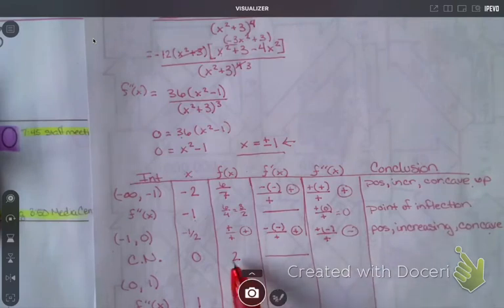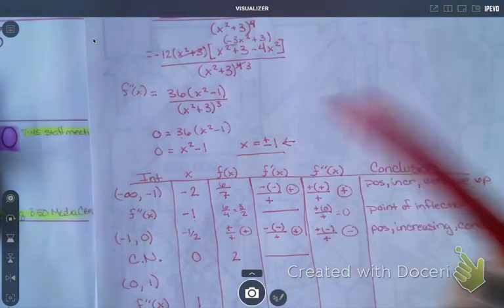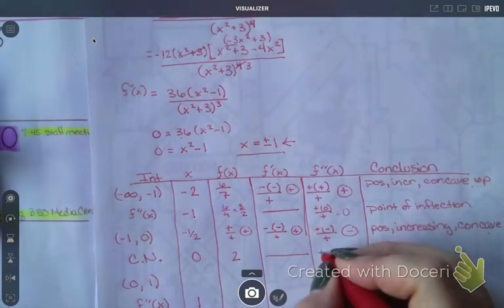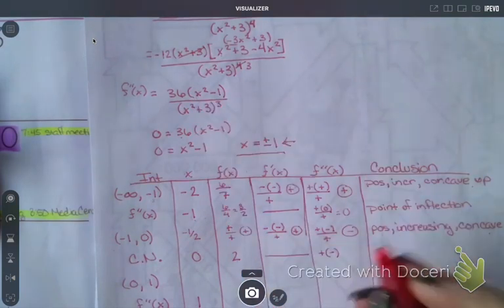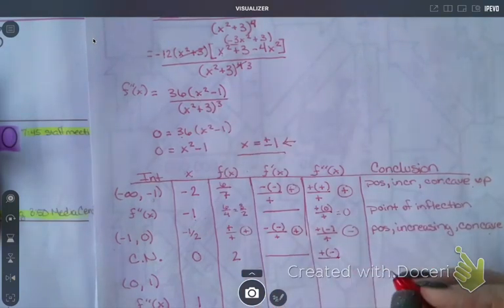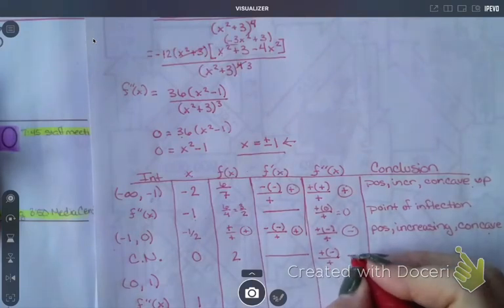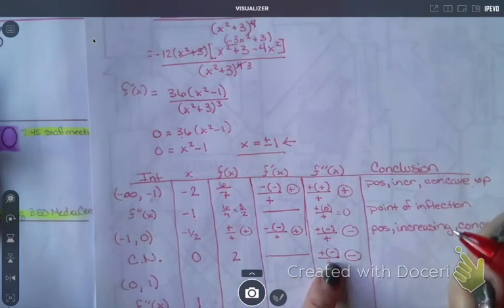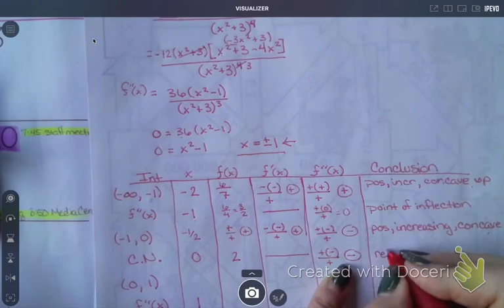Okay, so when I plug in 0 to the second derivative, I get positive times a what? Negative. See that, Riley? Yeah. Okay, over a positive. So the whole thing is a negative. Now, the second derivative test says if it is less than 0, then it should be a relative max.